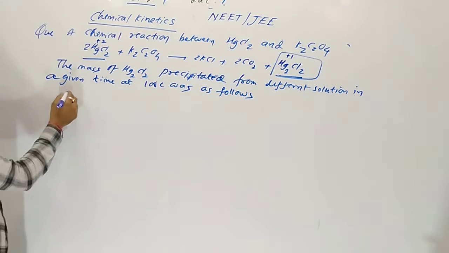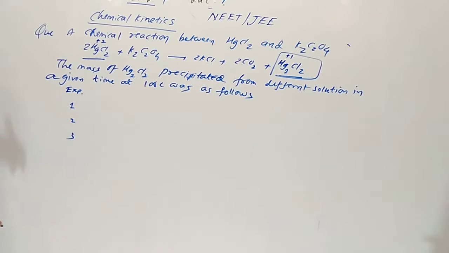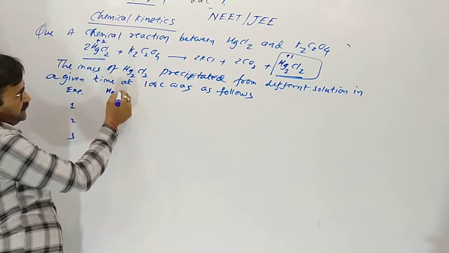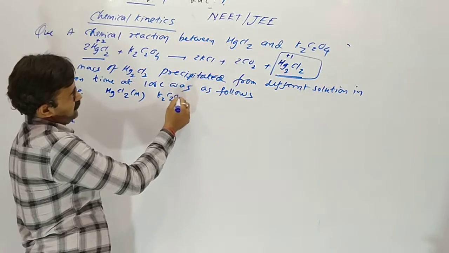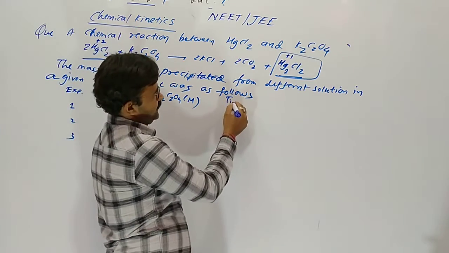Here 3 experiments are done, 1, 2 and 3. Concentration of mercury chloride reactant in molarity, of the potassium oxalate in molarity. Time is in minutes.